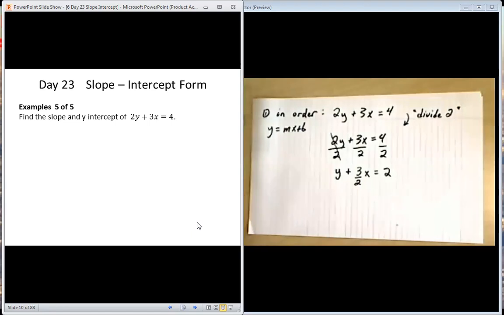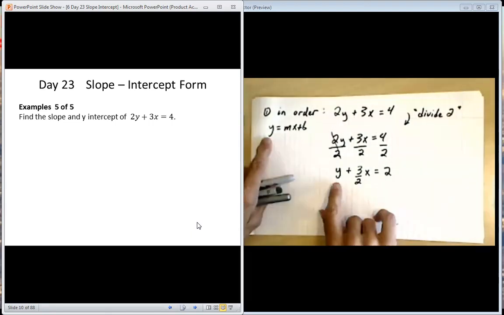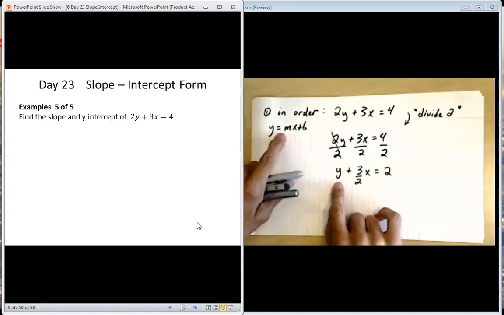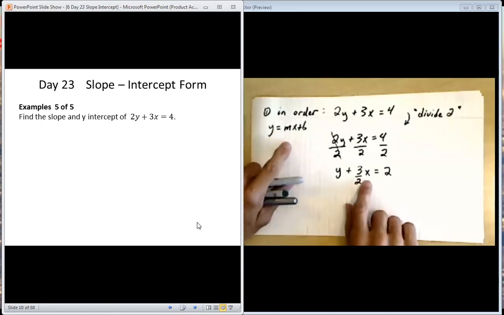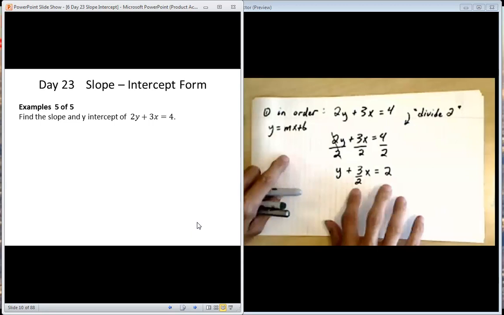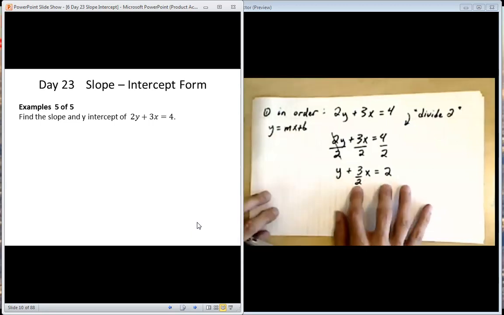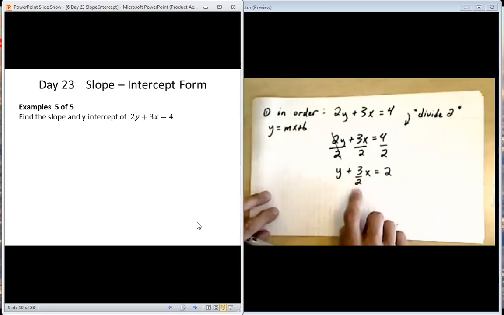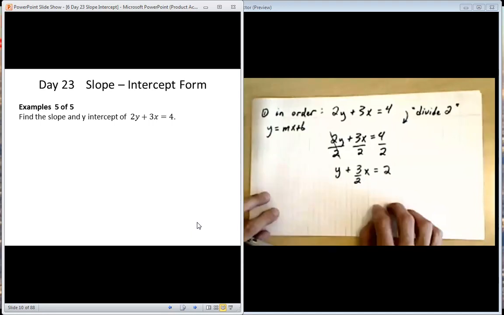So let's take a look at our work for a second and compare to what we need. Positive y, a slope and then an x, and a single number for sure. But these now have to be on the same side. So we got to move this one over. Then that finishes it.